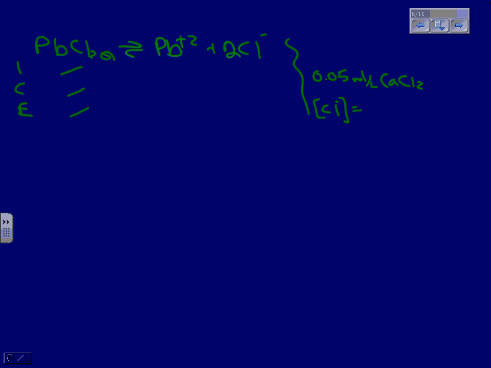When the chlorides fall off, I'm going to end up with twice as much chloride. 0.05 times 2, 0.10 moles per liter of chloride minus. That 2 comes from there, and that leaves me how many chlorides there are. So that simply means I have a 0.10 in that position and a 0 for the lead.